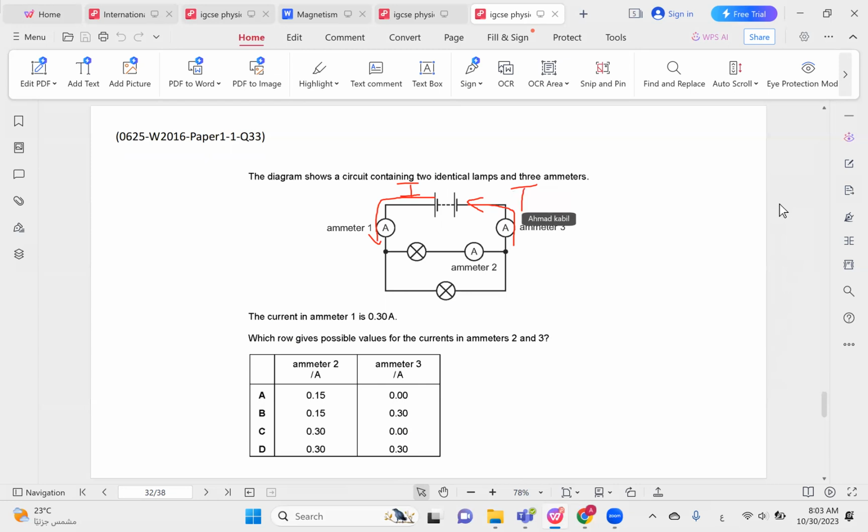So I here would be the main current. And this current splits off into I1 in blue and I2 in black. And our equation here would be I equals I1 plus I2.